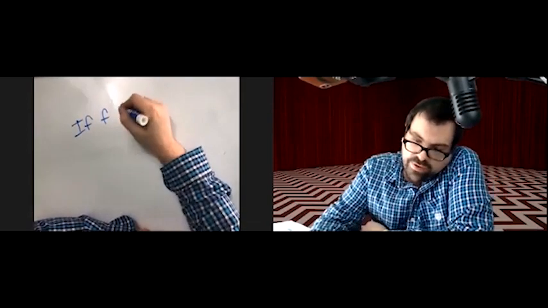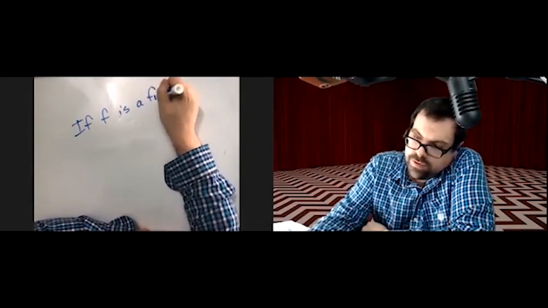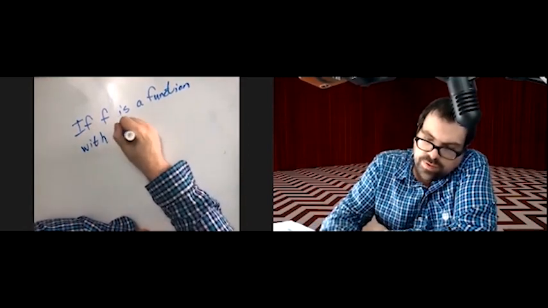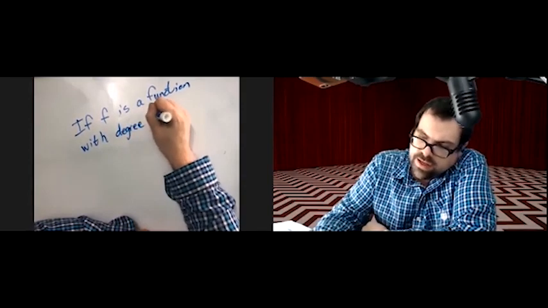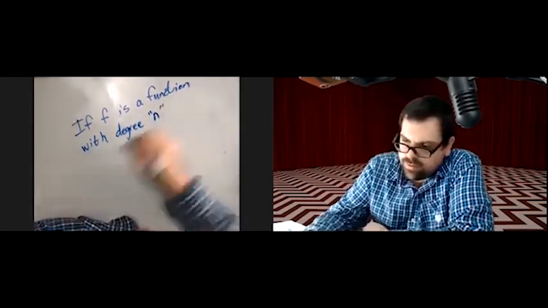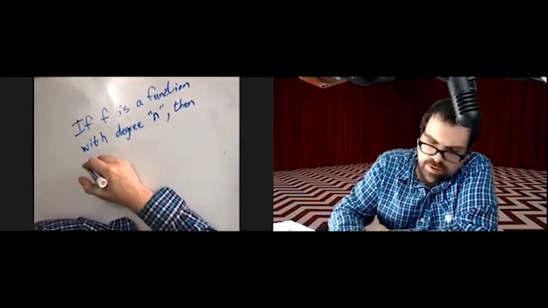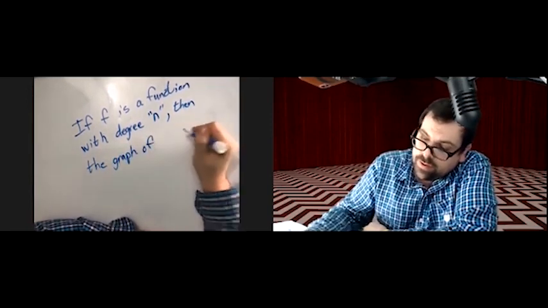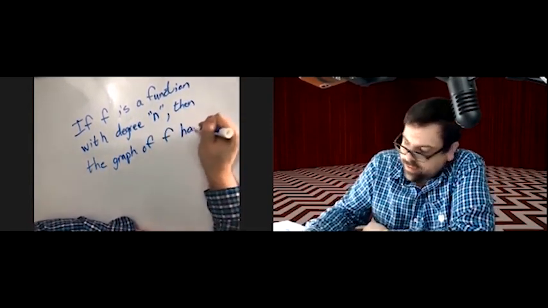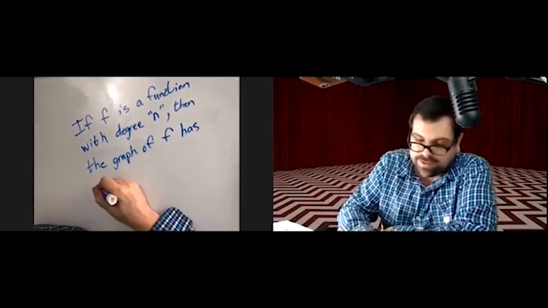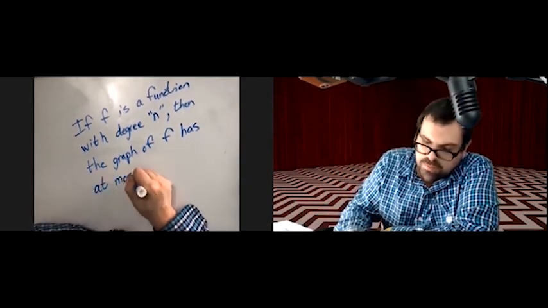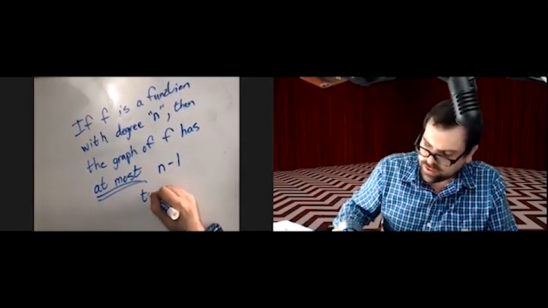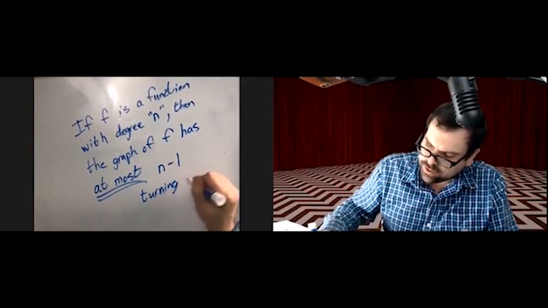If f is a function with degree n, then the graph of f has at most n minus 1 turning points.